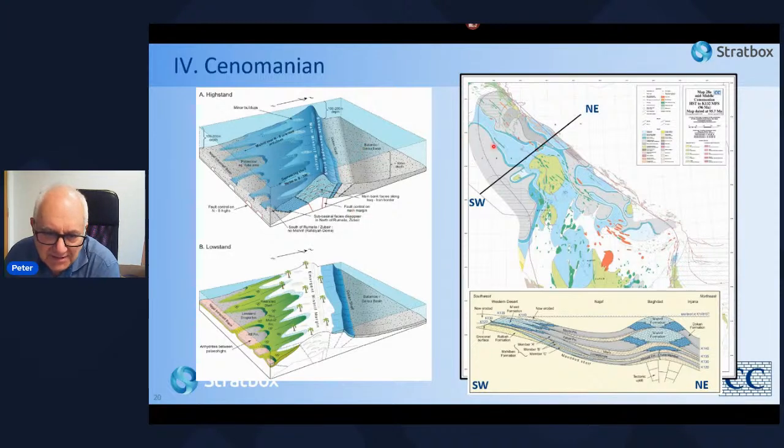The basin to the west is up against the Arabian Shield, and that is a marine basin during highstands, but during lowstands it gets very restricted, sometimes with the development of evaporites in it.